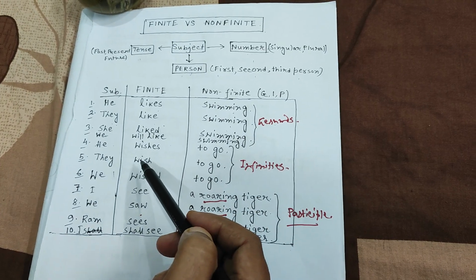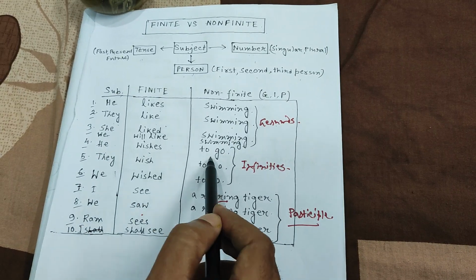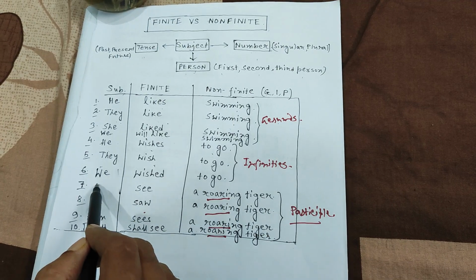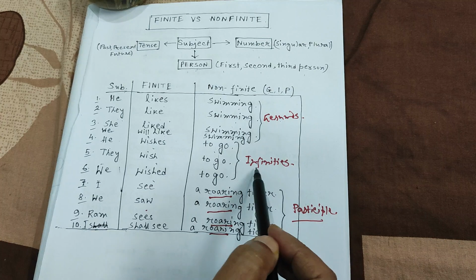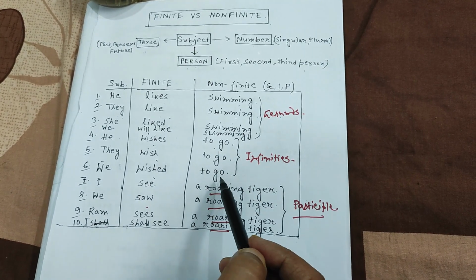Now let us come to the next sentences. He wishes to go. They wish to go. We wished to go. So now all three are infinitives. They remain constant. They don't change.